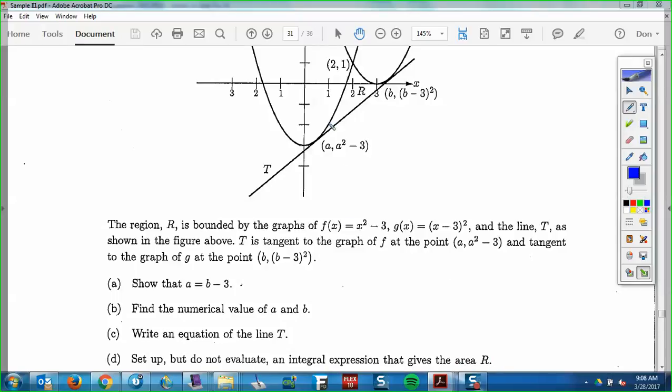No calculator. So here's region R. Right? So again, we ignore the x-axis.